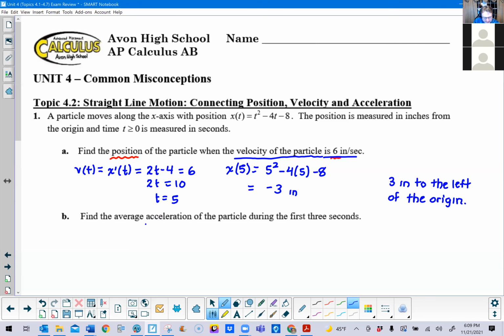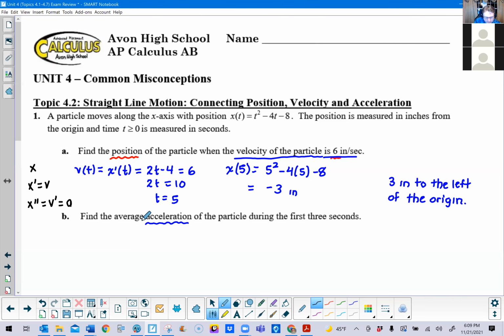You see the word acceleration, and you're really eager to say, hey, I know acceleration. I know that if I just start with position and I take its derivative once, I get velocity, like we did in part A. And if I take the position derivative twice, which is the velocity derivative once, that's acceleration. And that's wonderful. That's knowledge that's going to really serve you well on the exam.